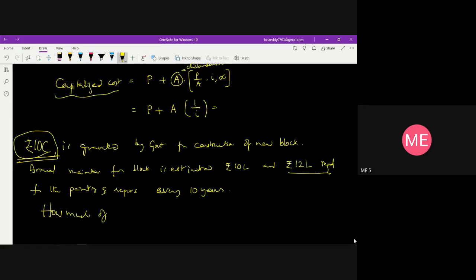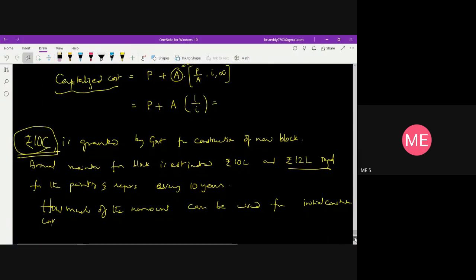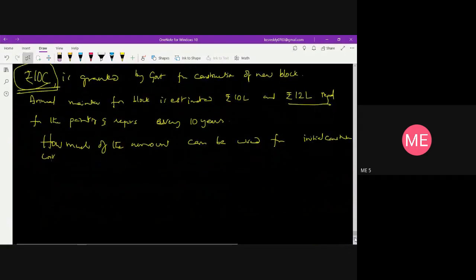The amount to be used for initial construction cost is nothing but the first cost.